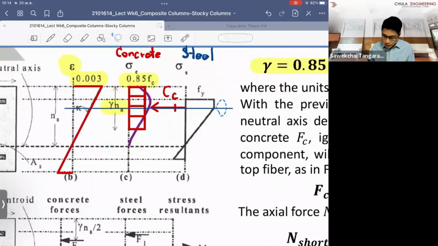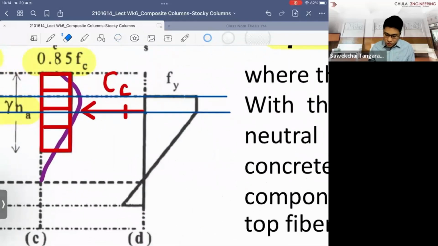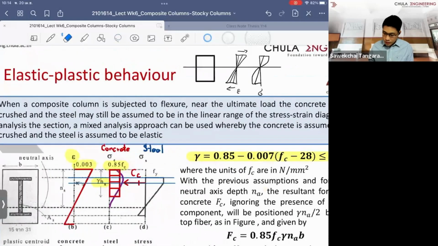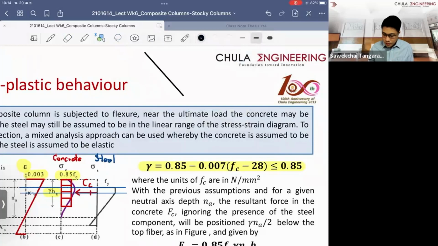And how we find that is this: you just use a linear proportion. For the strain diagrams, how we calculate the yield stress is this. Remember that we always use the stress and the strain diagram here.